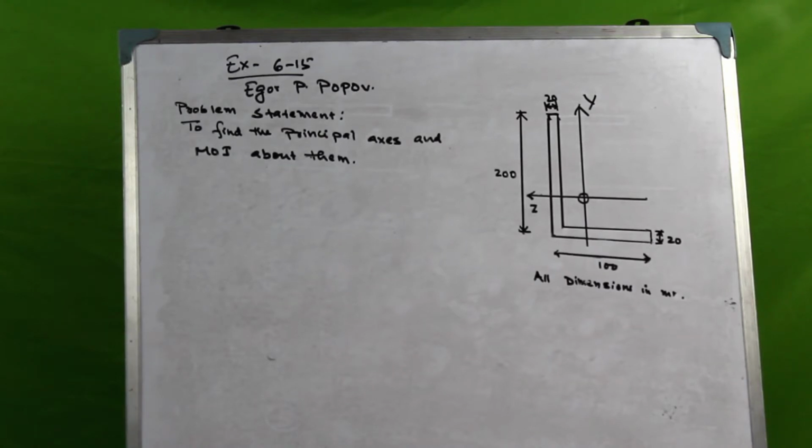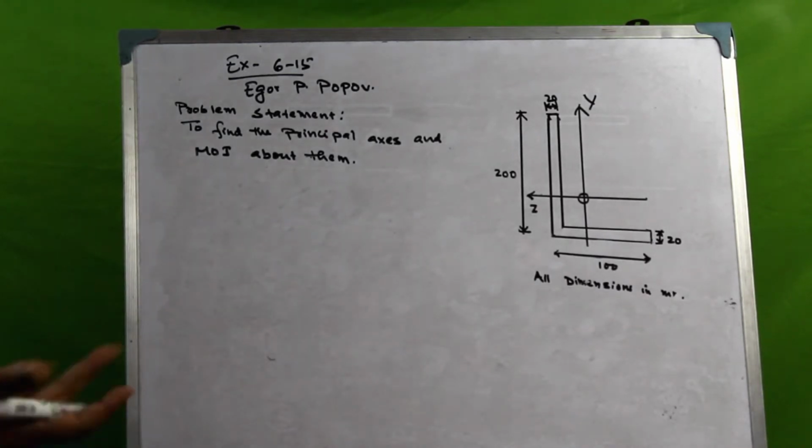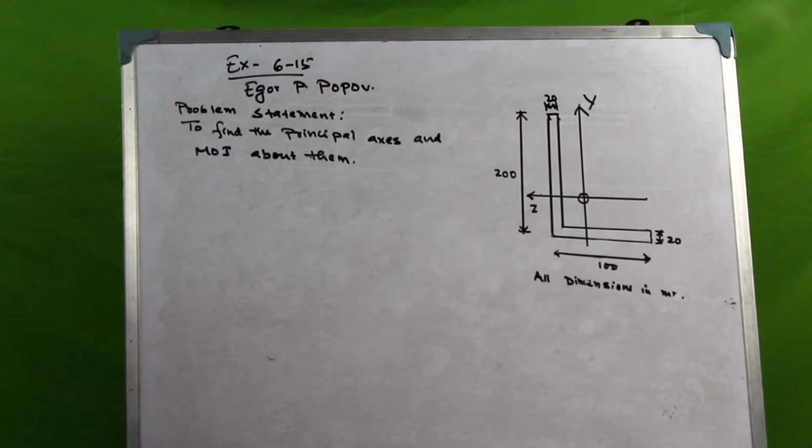Now, note that this is not a singly symmetric or a doubly symmetric section, right? This is actually an angle section, which is an unsymmetrical section. So how do we find out the principal axis for this?